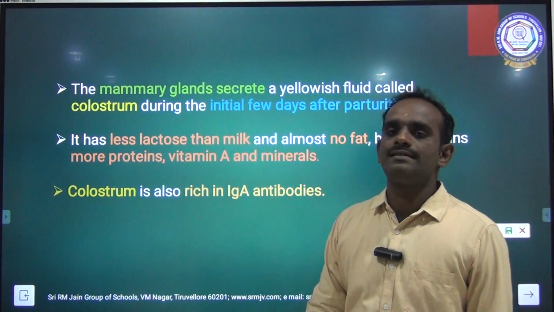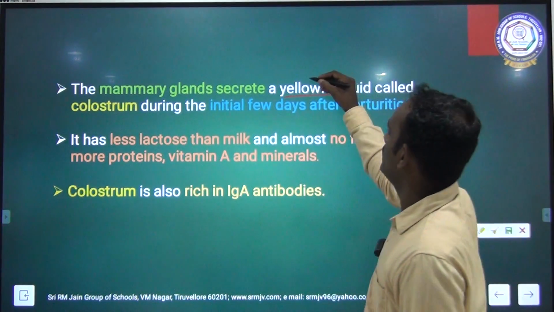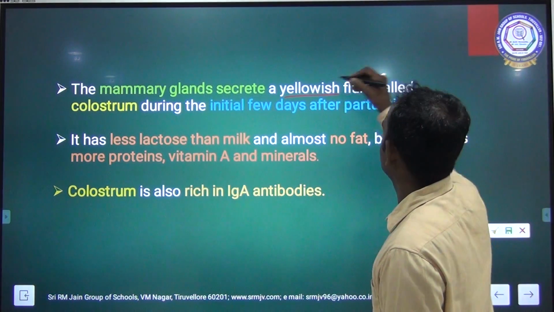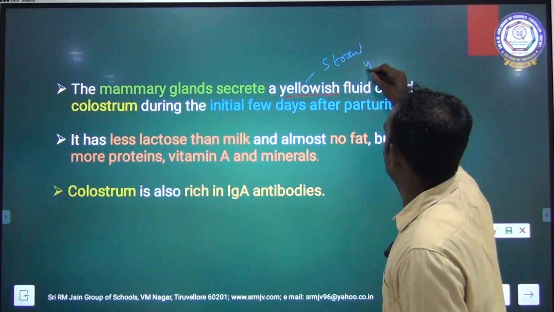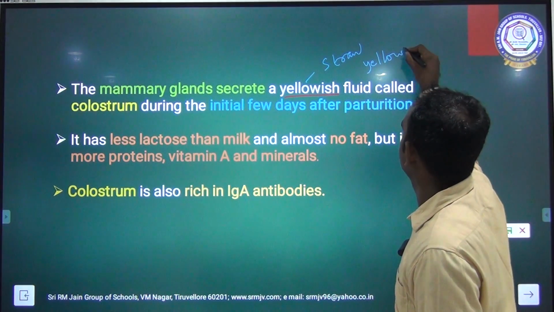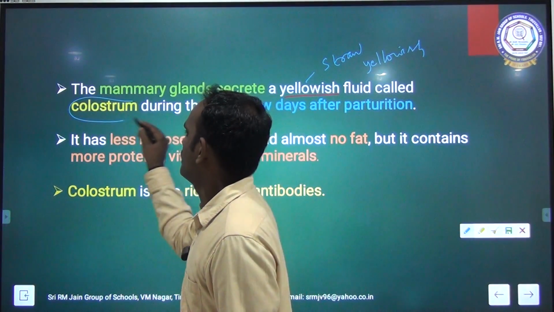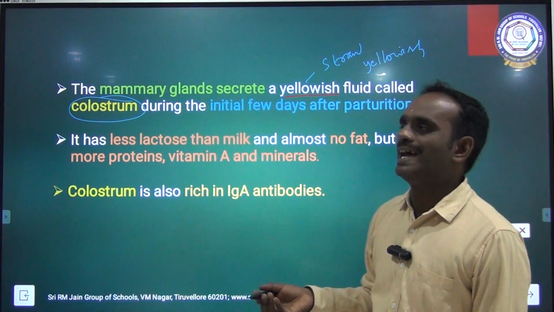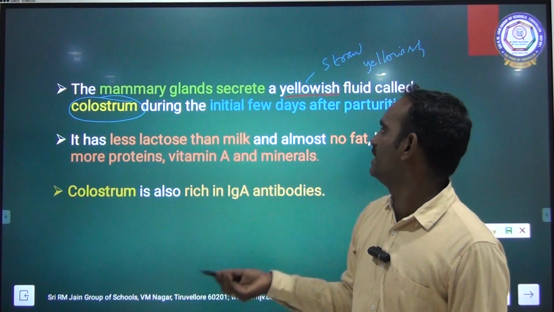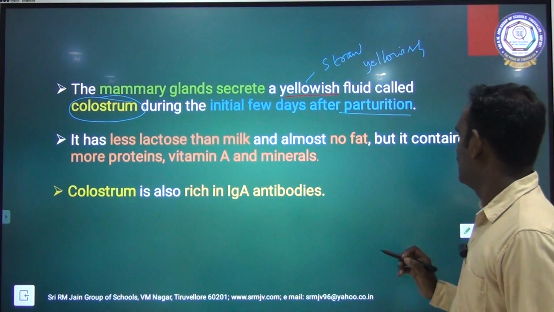The mammary glands secrete a straw yellowish fluid called, very important, colostrum, during the initial few days after delivery, after childbirth, that is after parturition.